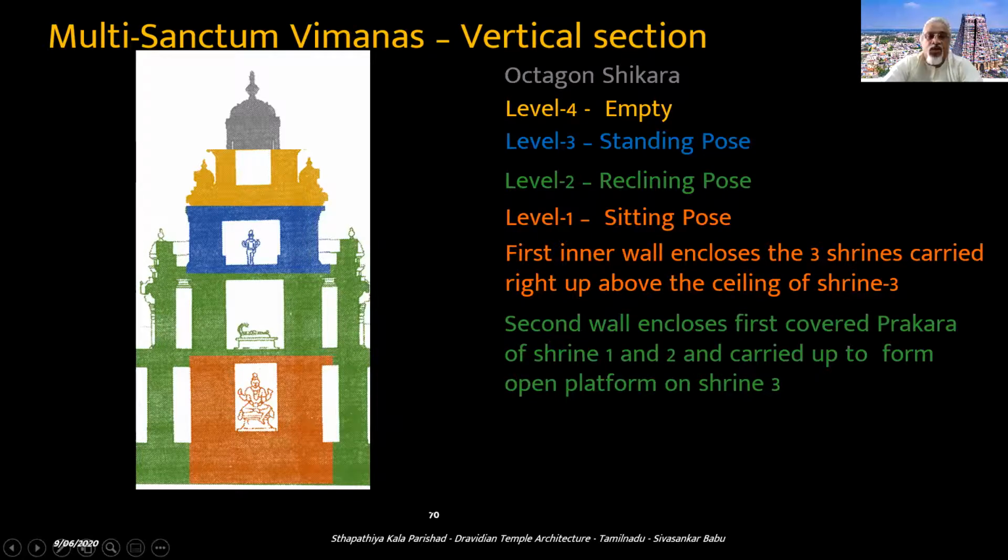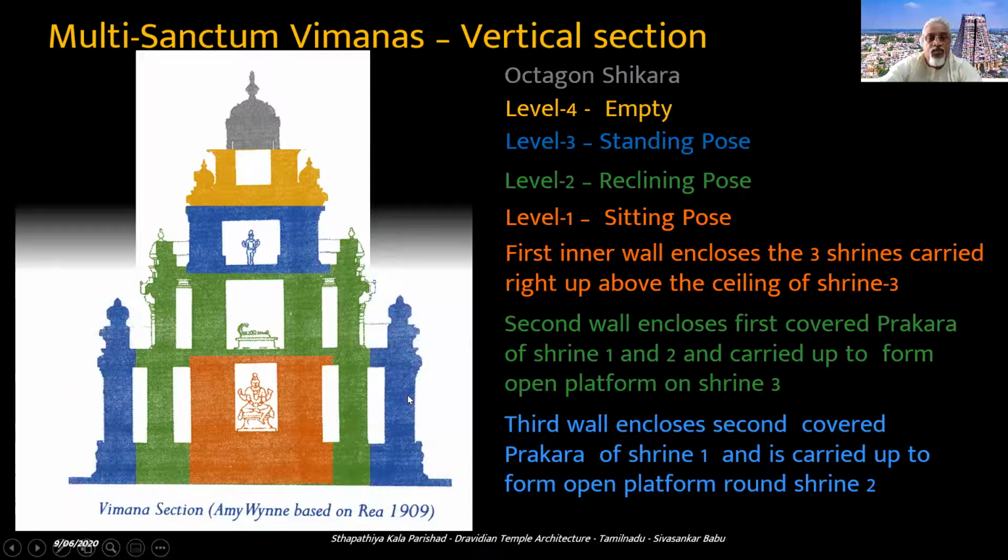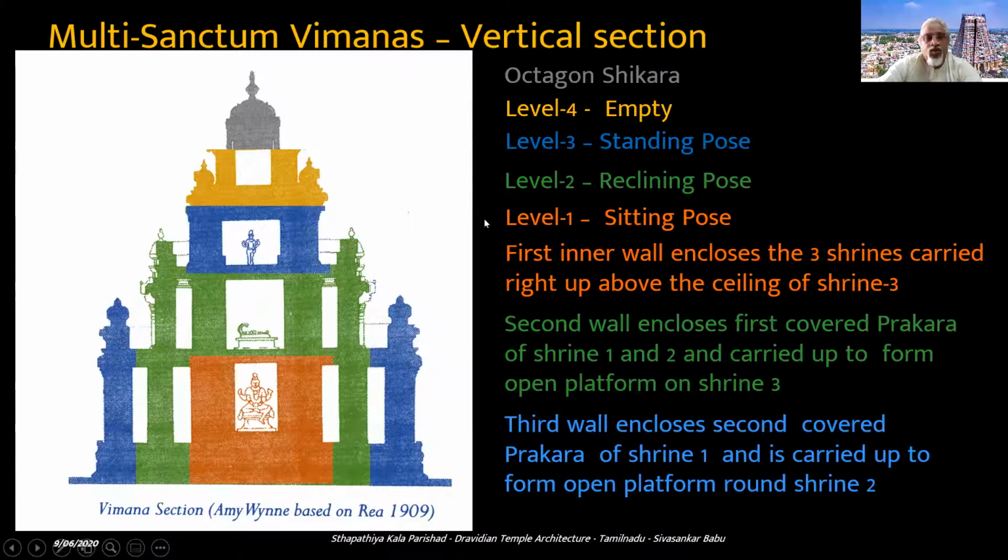Then there is a third level of wall which covers the first prakara of shrine 1, and then it goes into shrine 2 and works as a platform similar to this. So this is how, if you cut it out and view, this temple is structured.